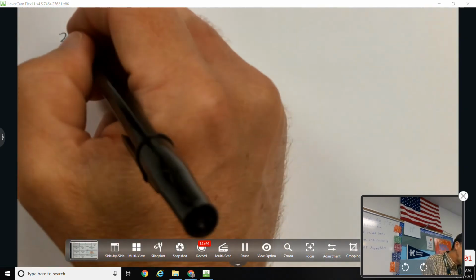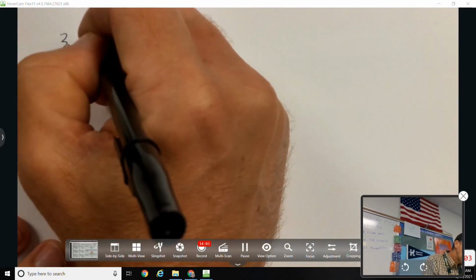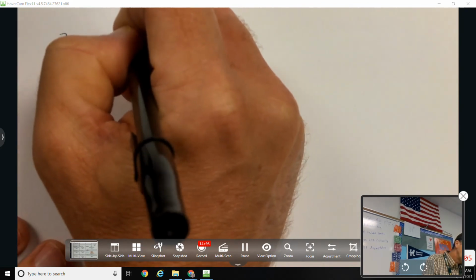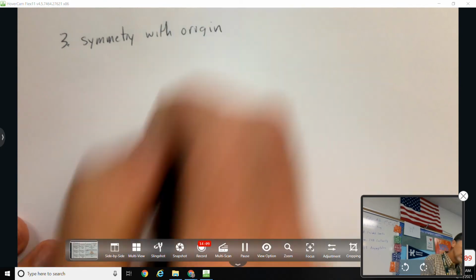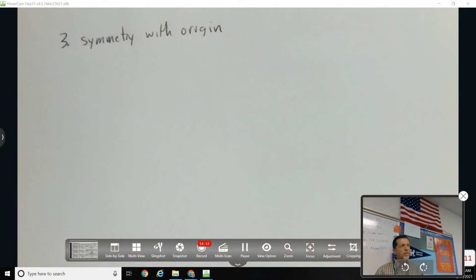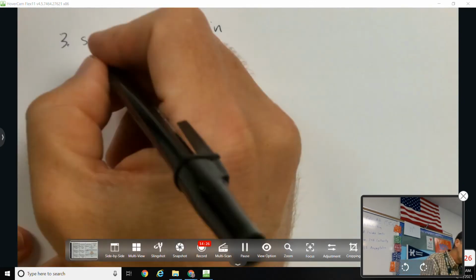Number 3, let's make the graph have symmetry with the origin. This one's for me a lot harder to visualize. I guess I'm usually good enough to see the y-axis symmetry, the x-axis symmetry, but visualizing 180 rotation is kind of tricky to do.